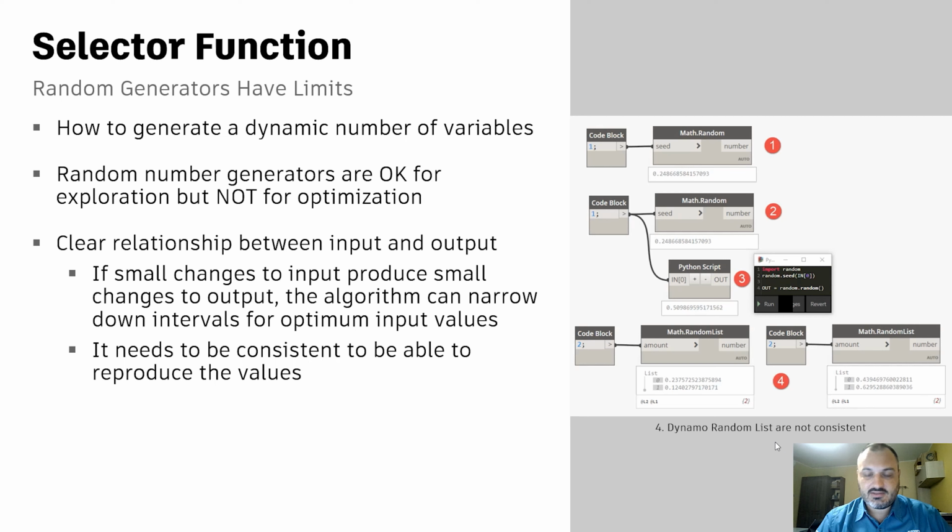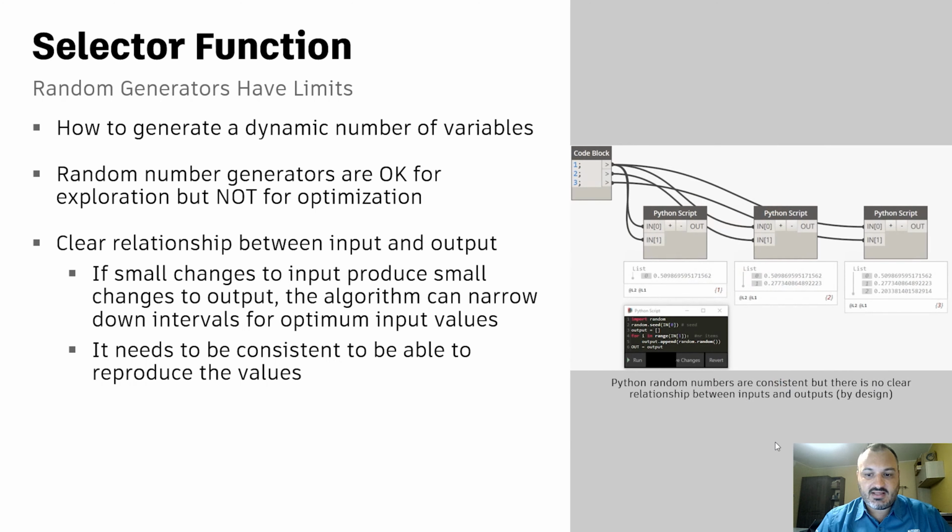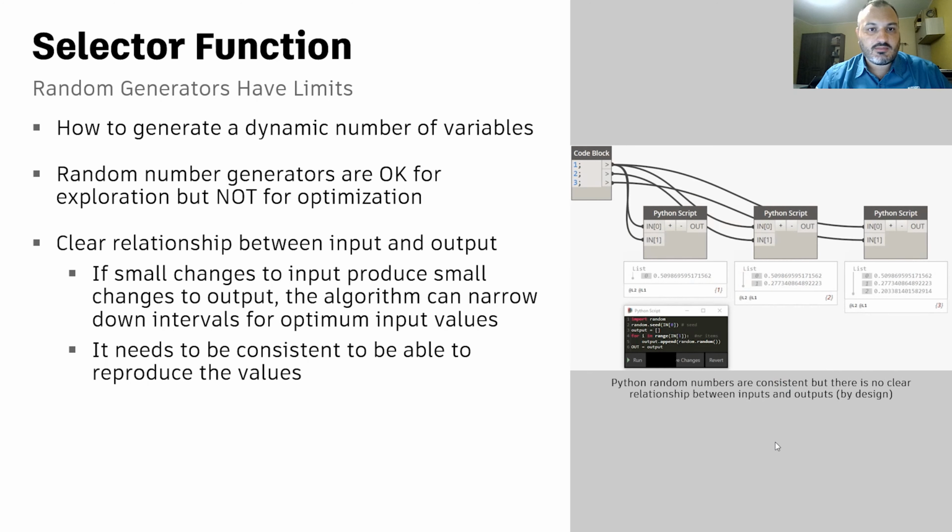So we need something else. So Dynamo provides these random generators. Also, Python provides some a little bit more consistent generators, especially when it comes to lists, but they're still not okay by design. So we need to find something else.